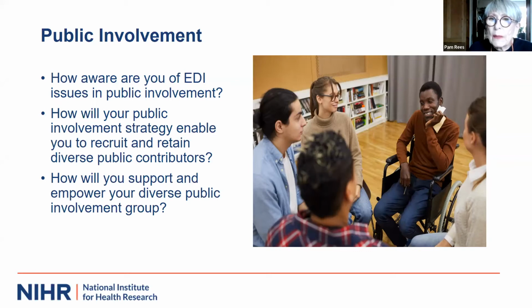So it's encouraging you to consider more effective ways of reaching out. Just as you usually seek a diverse research sample group, perhaps recruiting patients or service users from multiple sites, it's the same approach when you want to involve public contributors.